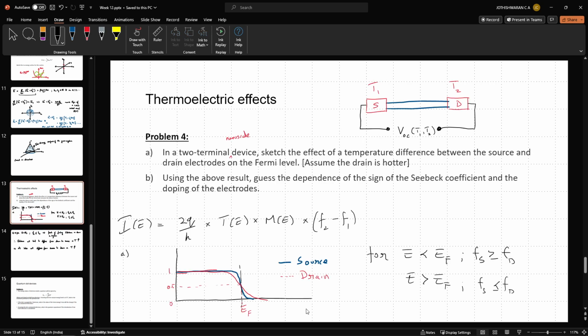Why? Because the very fact that electrons move from here means this region becomes hole rich. So that can also be seen as a transport of holes from the source to drain.